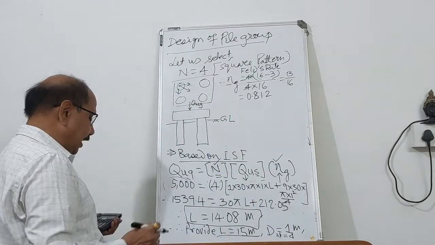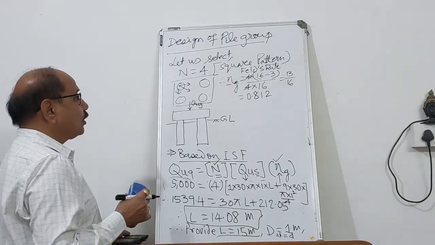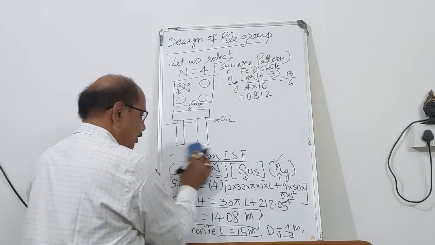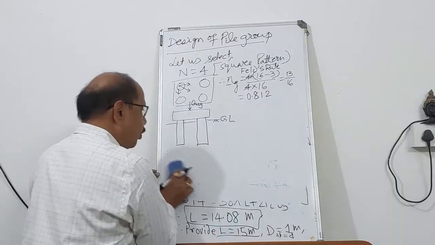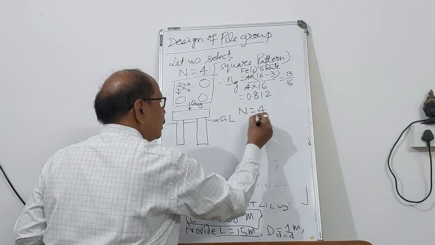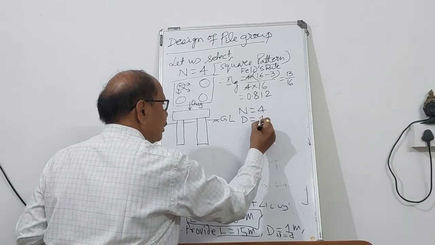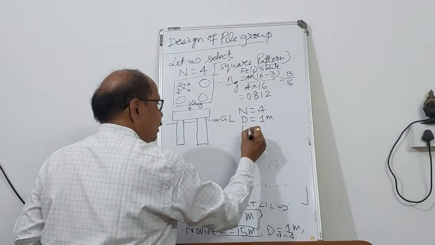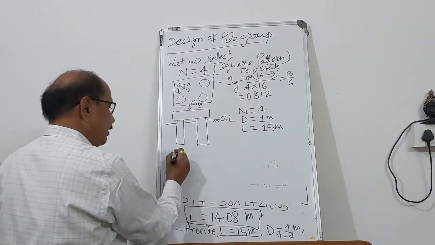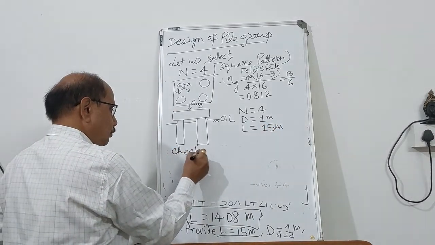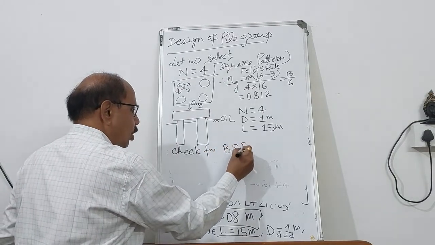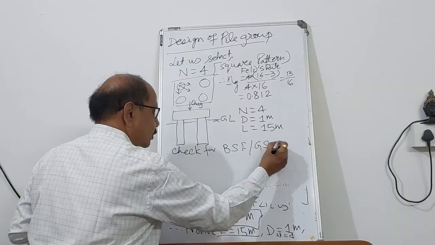Now you will have to check it for block shear failure. So based on individual shear failure, we got number of piles 4, diameter of the pile 1 meter, and length of the pile we are going to provide 15 meter, and we will have to give a check for block shear failure or group shear failure.